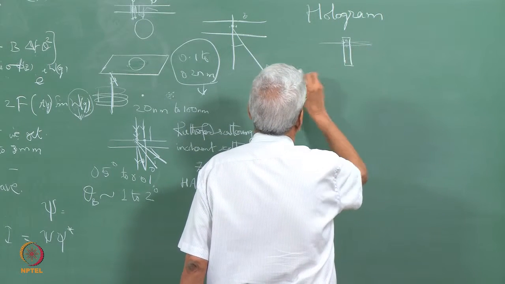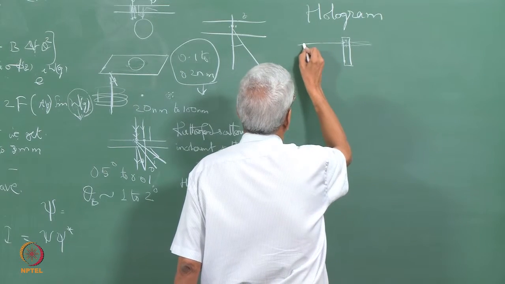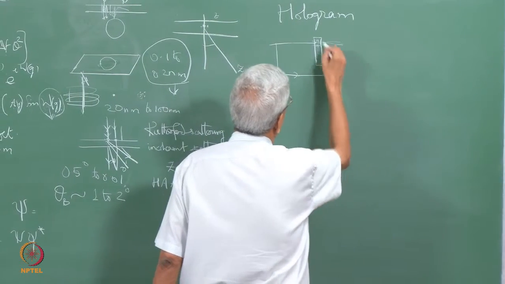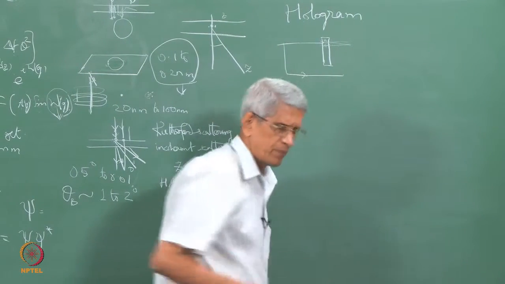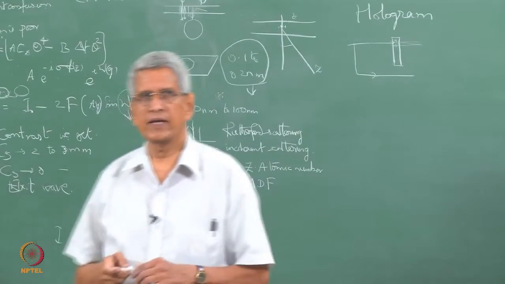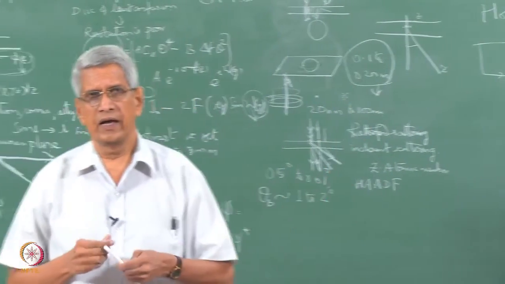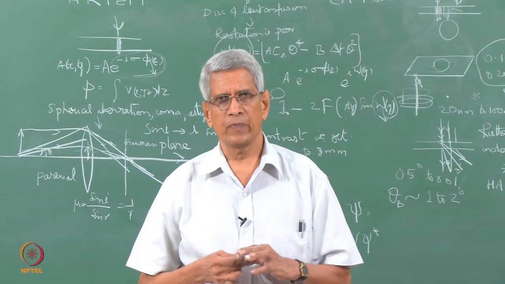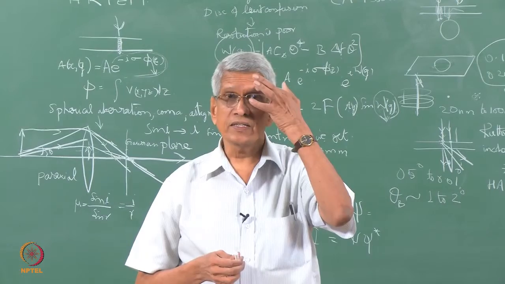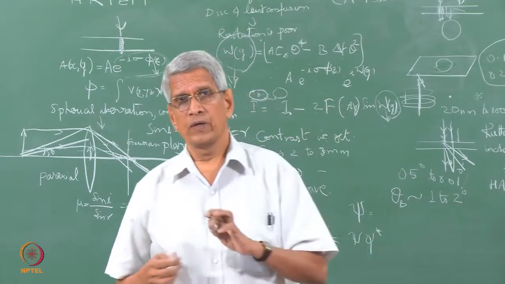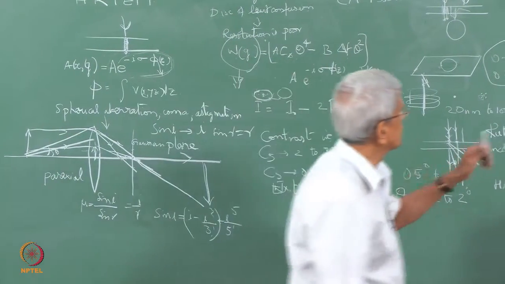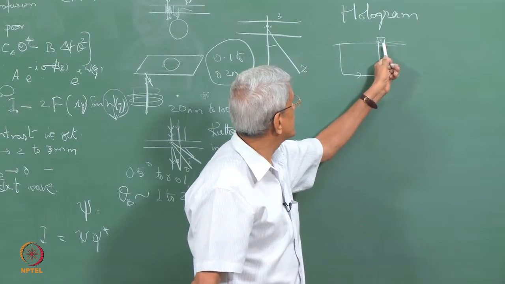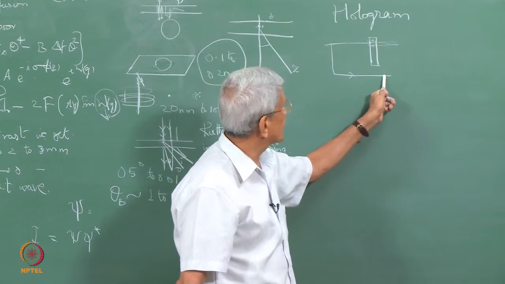If this beam is split into two, and this is called the reference beam, and we allow these two beams to interfere, then the interference pattern which we get, which is called the hologram, contains information about the phase. That is, the contrast which arises depends upon the phase difference which has come at different regions with respect to the reference beam.